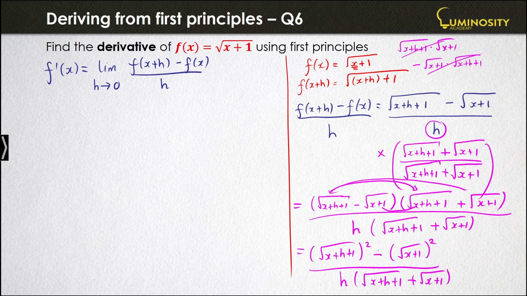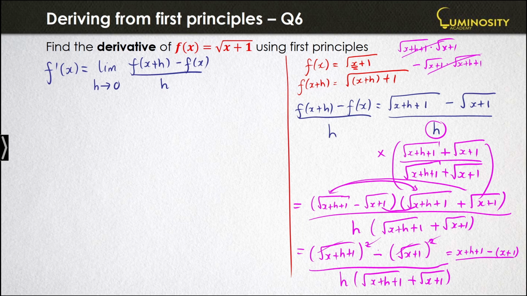So again, heavy algebraic gymnastics. Make sure that you have trained at the algebra gym when you come to do these questions, because we've got to make sure our algebra is on point. Okay, so when we square and square root these, it'll simply become x plus h plus 1 minus the entire term, since the square and square root cancel. That's really important.